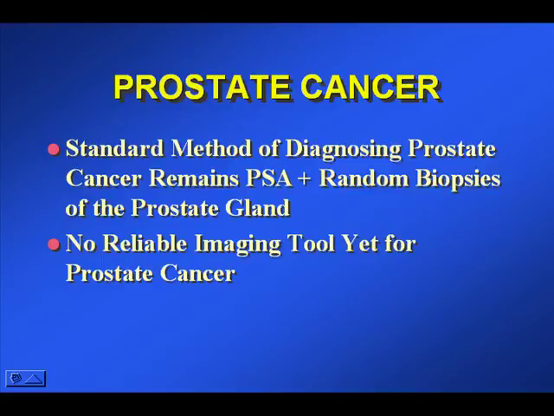This random technique works pretty well, but is quite invasive, and we don't yet have a reliable imaging tool for prostate cancer, though high-field MR appears to be a promising tool that hasn't been fully validated yet.